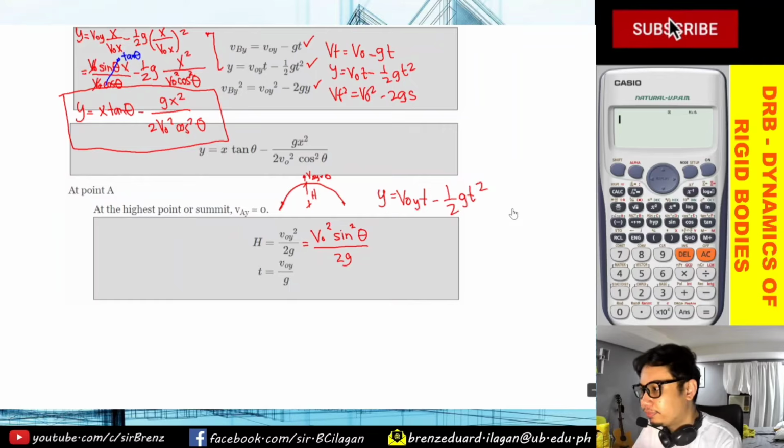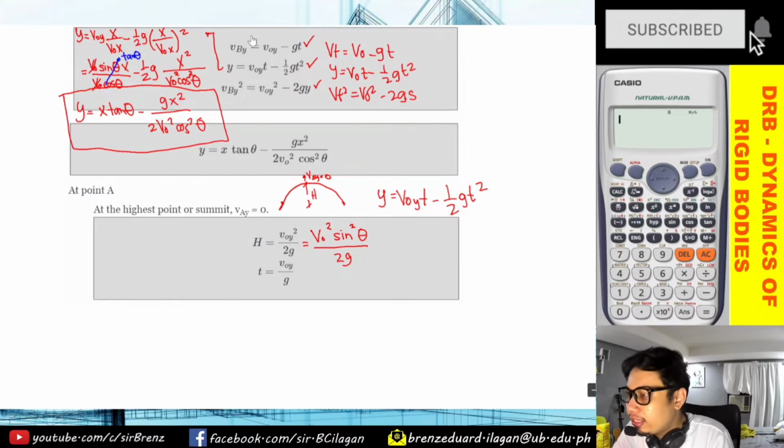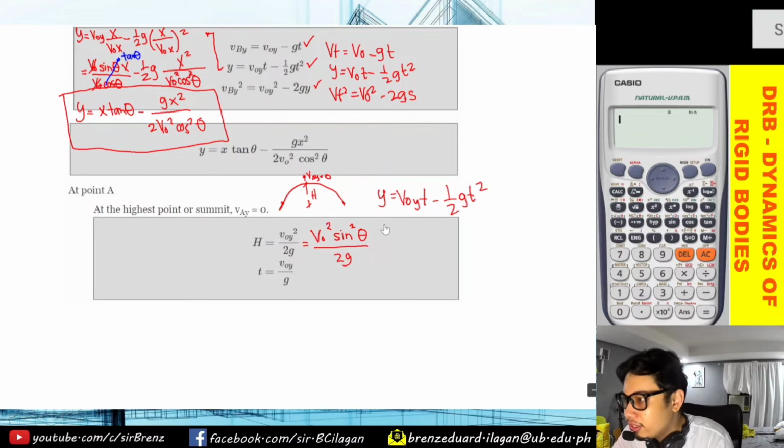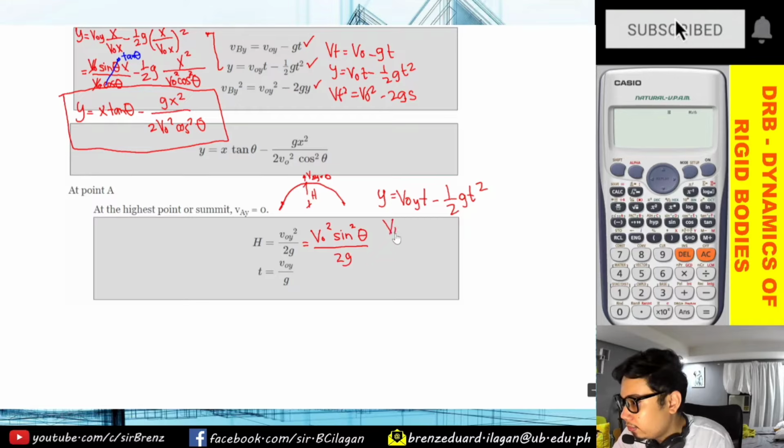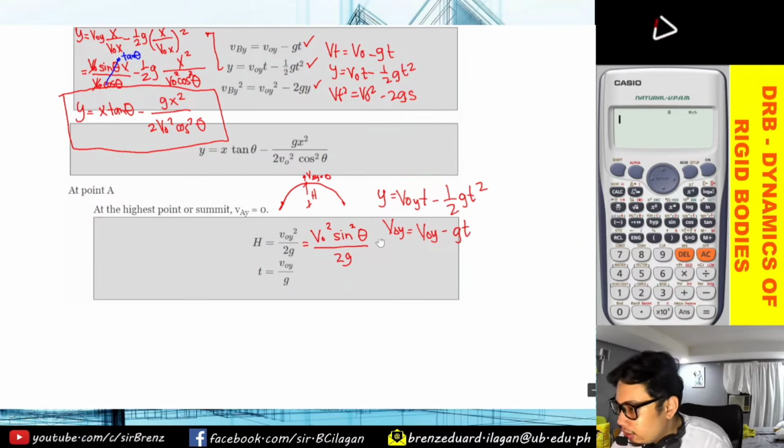Okay. So, gamitin rin natin tong first equation, itong final velocity minus initial. So, kasi nga, kailangan natin mapilit na magamit to. So, yung VAY, or yung final velocity, is equals to V0y minus g t. Okay? And knowing na yung kanyang VAY, ito is equals to 0.